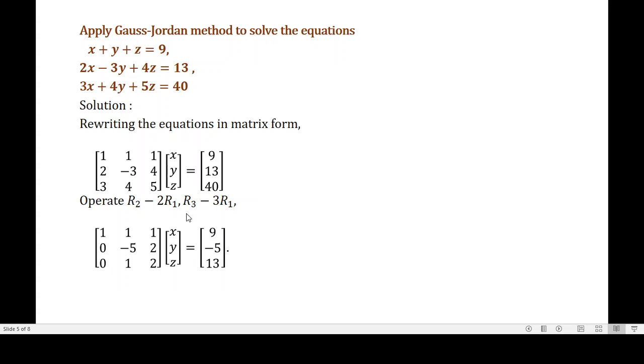So the second row operation is R3 minus 3R1. So we have 3 minus 3 is equal to 0, 4 minus 3 is equal to 1, 5 minus 3 is equal to 2, 40 minus 27 is equal to 13. I hope it is clear. Okay, now these two elements are 0.